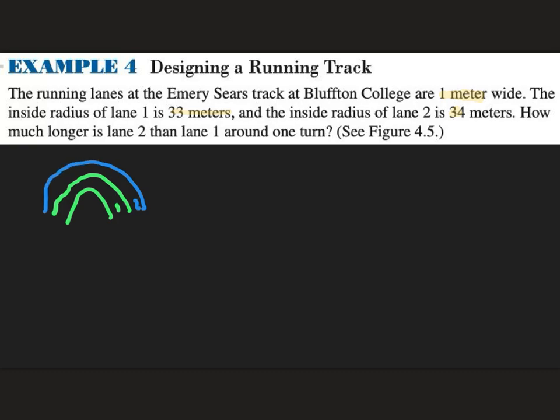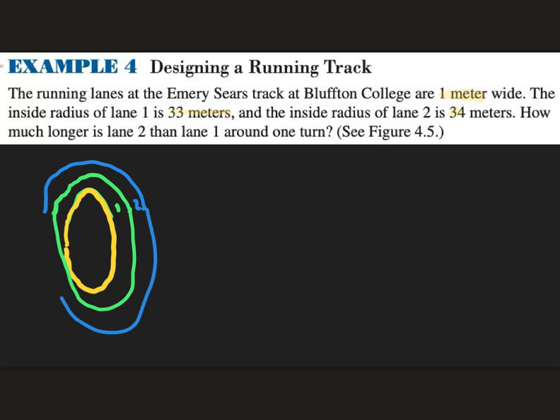So if you're running track, and we know tracks are oval-shaped things, and you have your running lanes, okay, so this radius is 33, and this radius is 34. So how much longer is lane 2 than lane 1 around one turn?